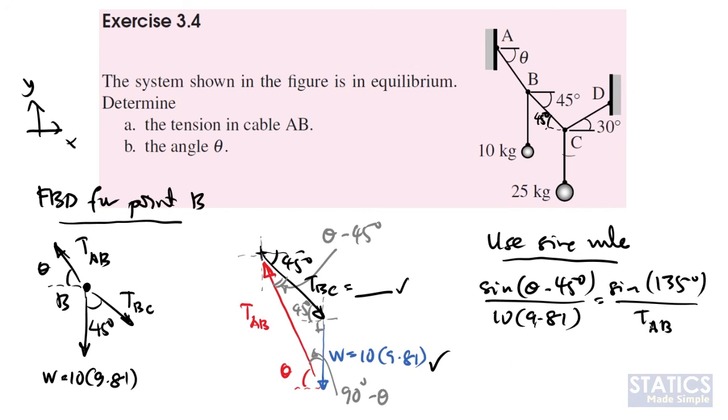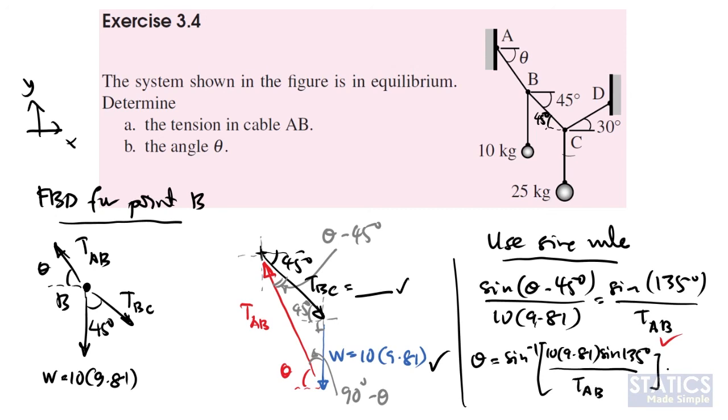Bear in mind we have calculated TAB before, so TAB is a known value. That means we can simply calculate theta equals 10 times 9.1 times sine 135 degrees over TAB, plus 45 degrees. To solve this, you have your theta in degrees. So that's the idea. Which method to use depends on you, which one you are more comfortable with. Either way, both will give you the same answer.